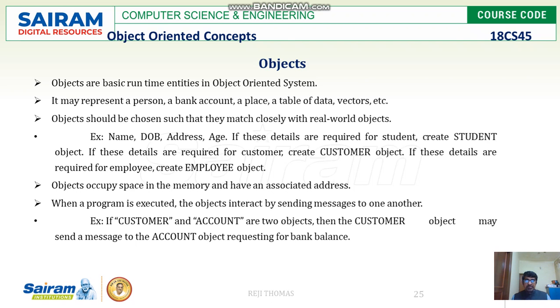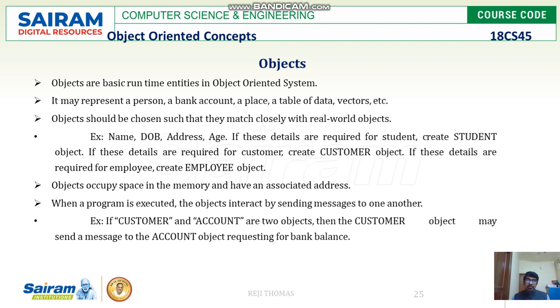Let us see what is an object. An object is nothing but an entity, a runtime entity, which can be anything like your name, your class, your roll number, your division. Anything can be an object. An object occupies the same memory as a variable, and has its own address.